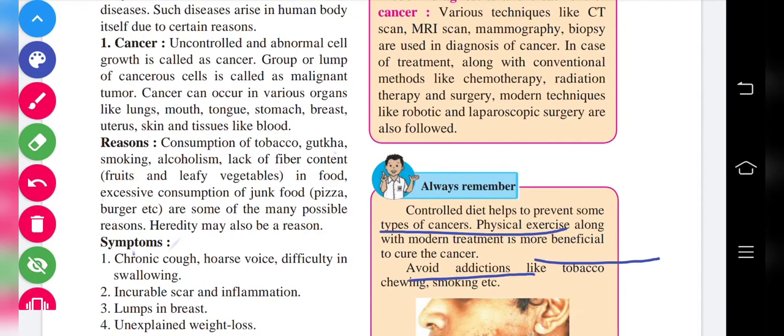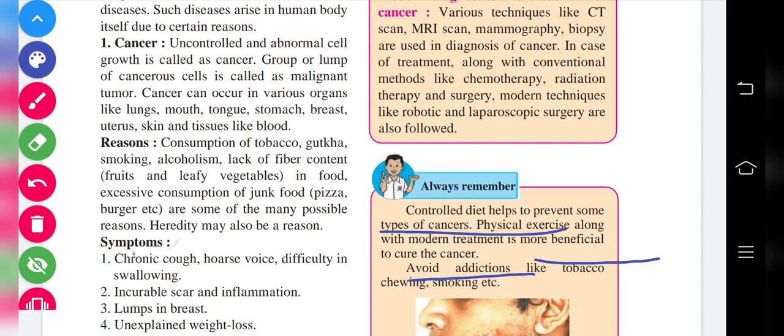Consumption of tobacco is the most important reason. Tobacco, gutka, smoking, alcoholism, and lack of fiber content, such as fruits and leafy vegetables. Doctors advise you to eat fruits and leafy vegetables so you can be protected from cancer. Another reason is excessive consumption of junk food, meaning pizza, burgers, etc., which are very harmful to us.